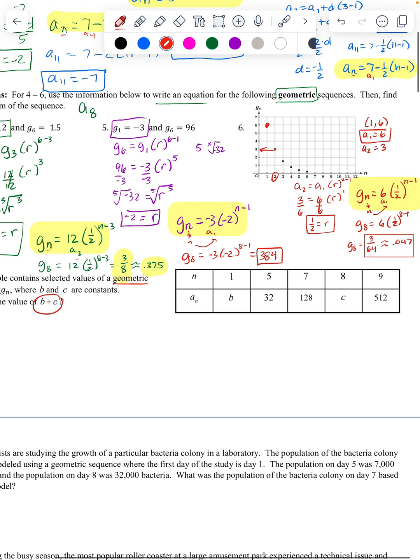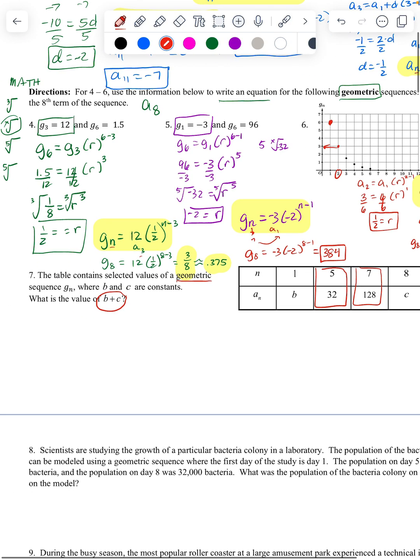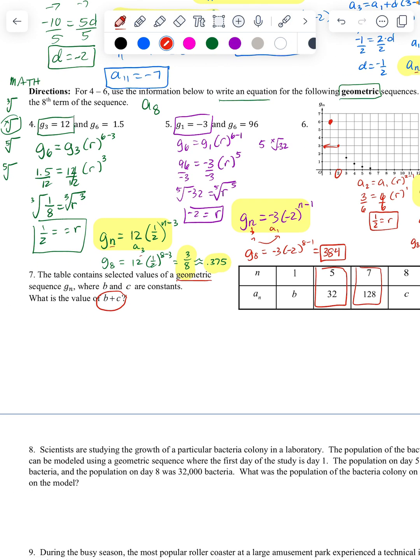So we have to use numbers where we know both the x and the y, the input and the outcome. So we know that A5 is 32 and A7 is 128. So this is geometric. So to get to the 7th term from the 5th term, both of which I know, I'll use my R^(7 minus 5) times.